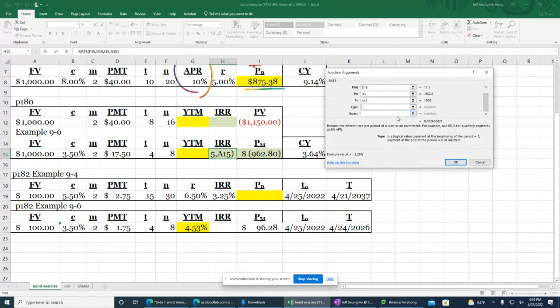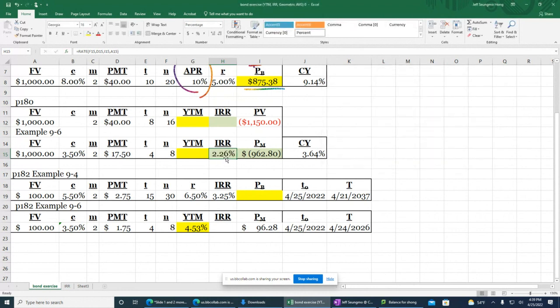And then type, you don't need to put type, that means either annuity due or ordinary annuity. It's a bond, it's an ordinary annuity. So you have already something here, so hit OK. 2.26%, that's the half-year rate. If you convert it into the full year rate, you multiply it by 2. There's 2 here, right? There you go. We got the same, right? It's the same example, so you have to get the same conclusion, the same yield to maturity.